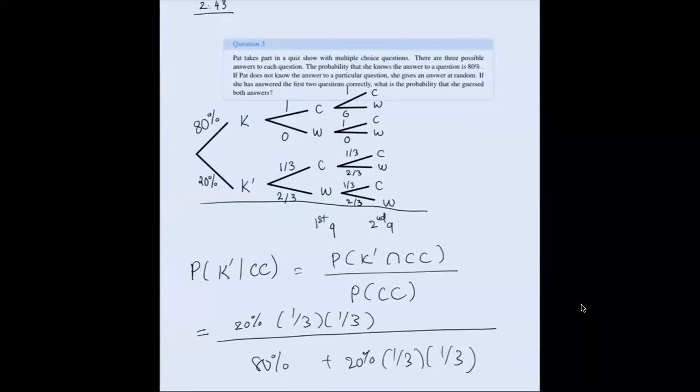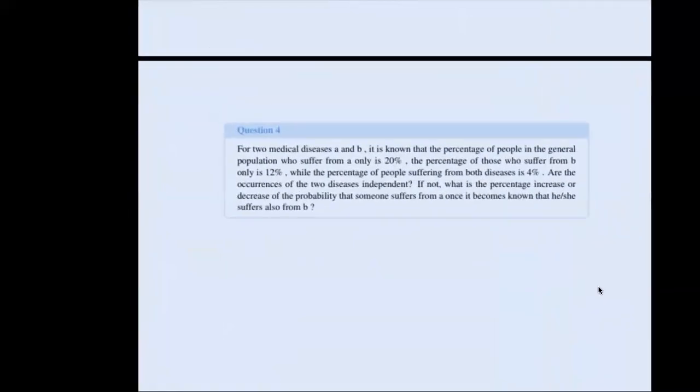Yeah, I can definitely post it later. Is there any other question about this one? If not, I will let you work on question 4.